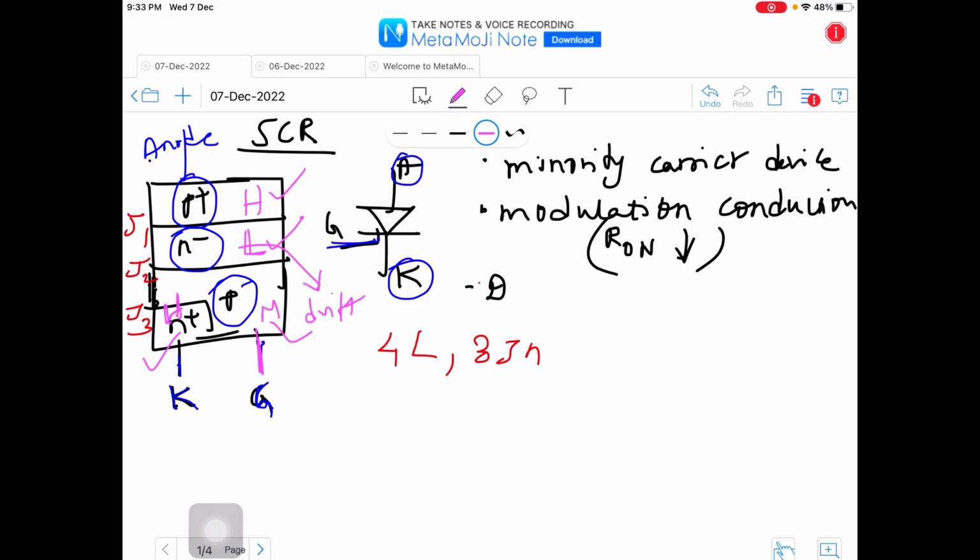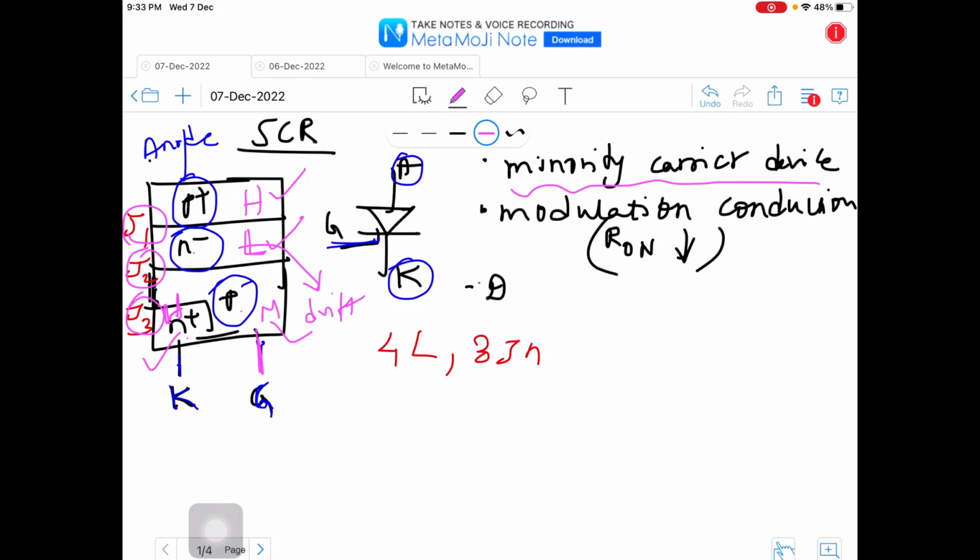So if we see that when there are three junctions here, definitely there is a minority carrier device. Because when there is a PN junction, both the holes and the electrons contribute to the conduction.